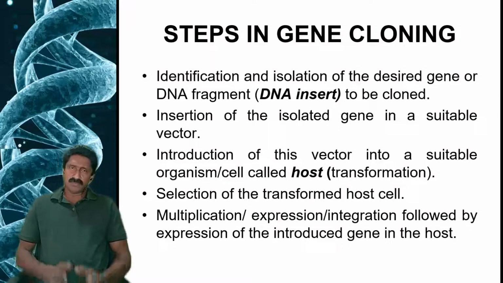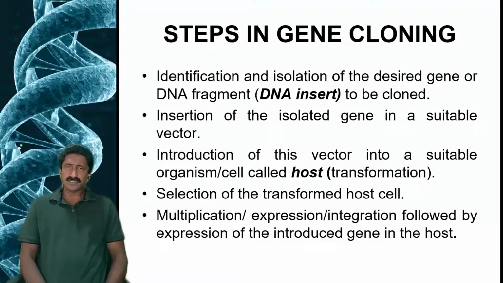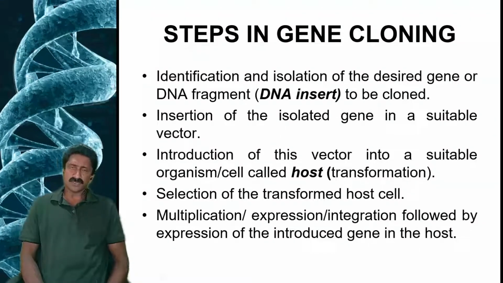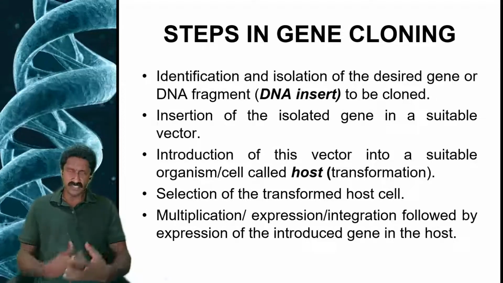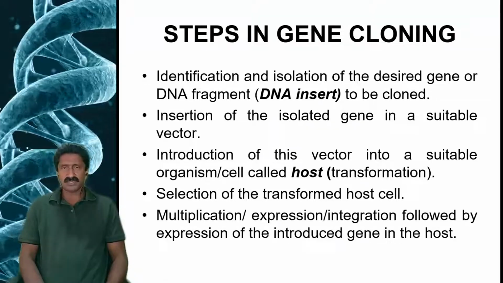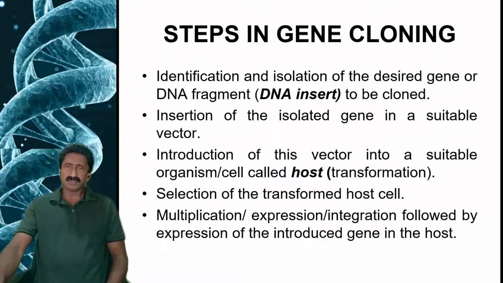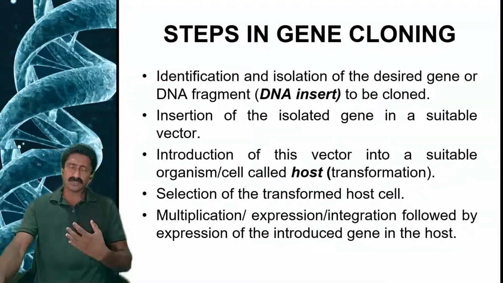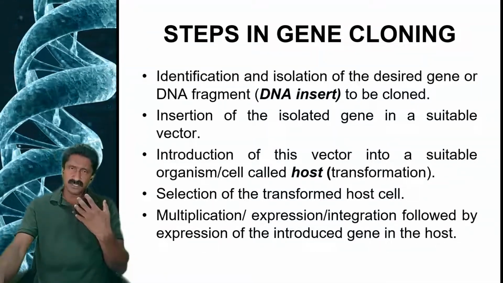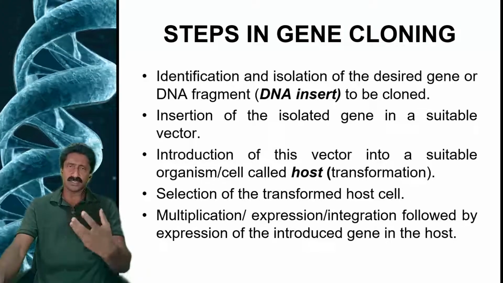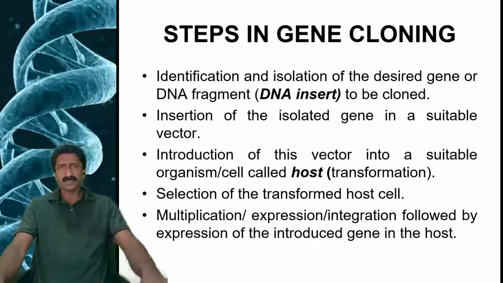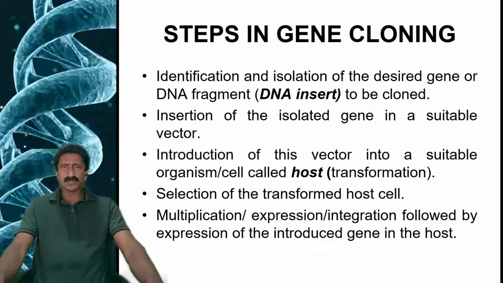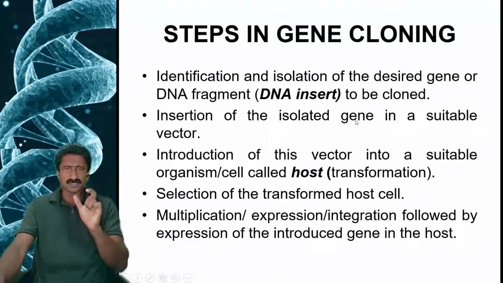So, before proceeding with the DNA cloning or gene cloning, we need a desired gene. Maybe you are interested in cloning the human insulin gene in E. coli, for which you require the source, that is the desired gene.